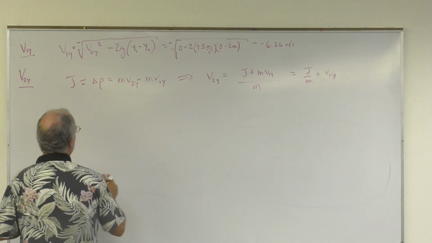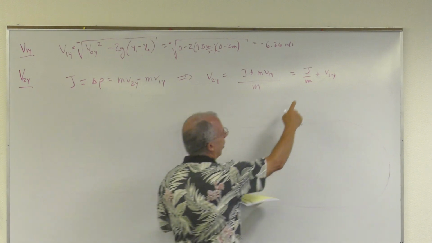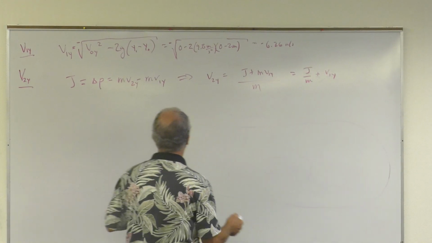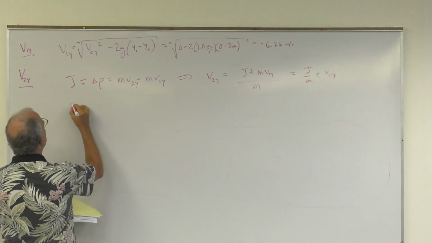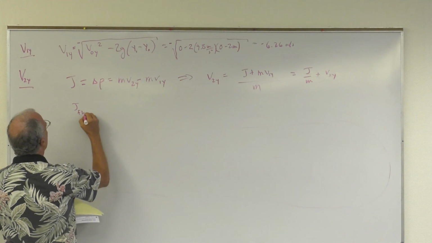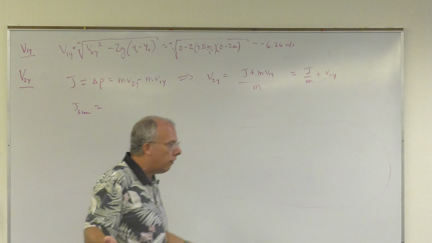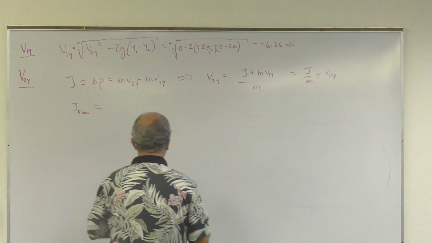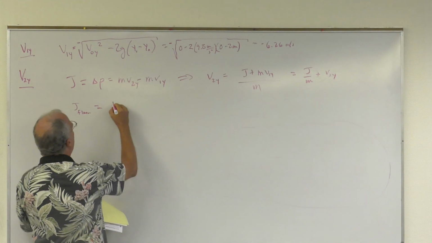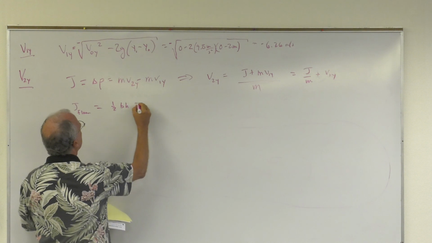So remember, this J is the total impulse. Okay, so we have two. So we have J floor, or I should have said J normal, who cares? It's just the area under the curve, big deal, I can do that. It's half base times height of a triangle.